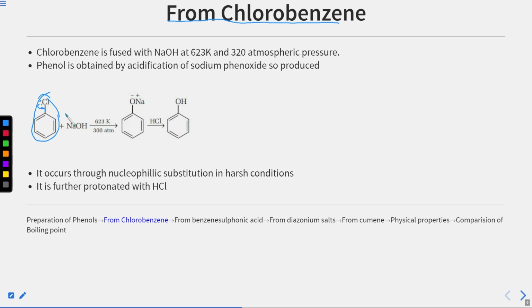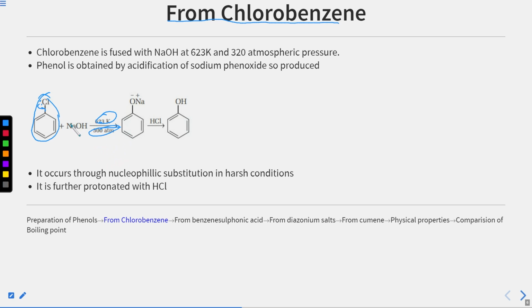Due to this, there is a kind of strong bonding, and it will stop the bond breaking of C and Cl. But it is possible under harsh conditions, first of all, 623 Kelvin and 300 atm pressure.